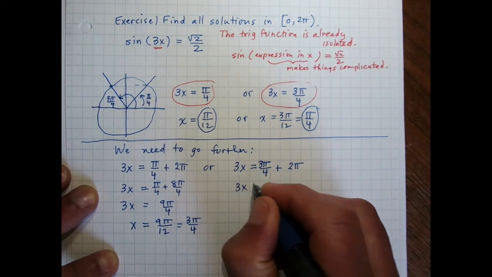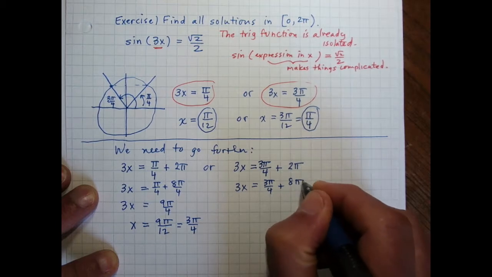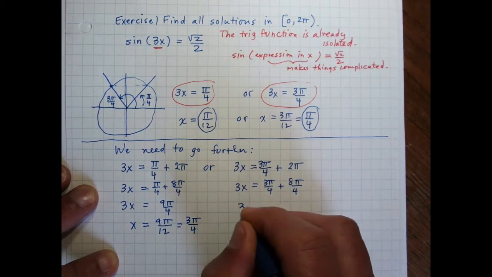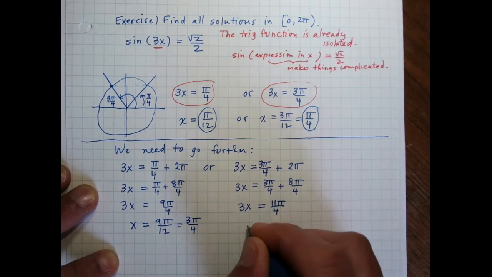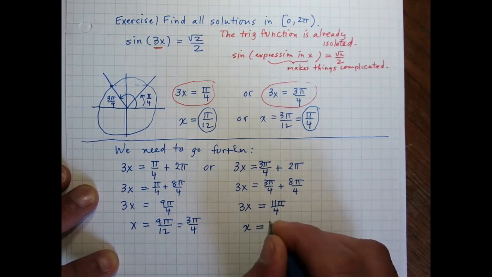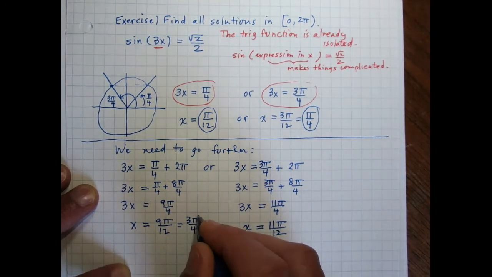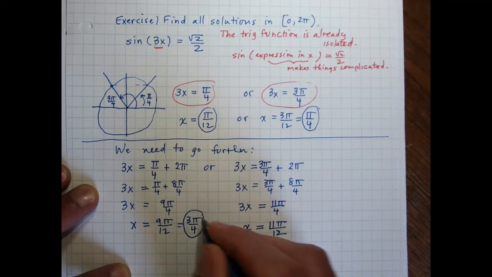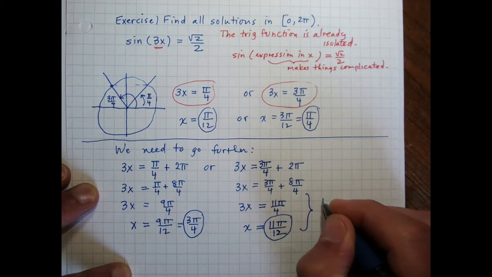Or I have 3x equals 3 pi over 4 plus 8 pi over 4. So 3x is equal to 11 pi over 4. And so x will be 11 pi over 12. I got two more solutions. And both of these solutions are in that interval.